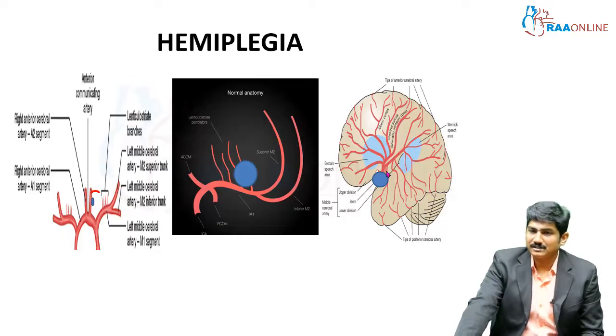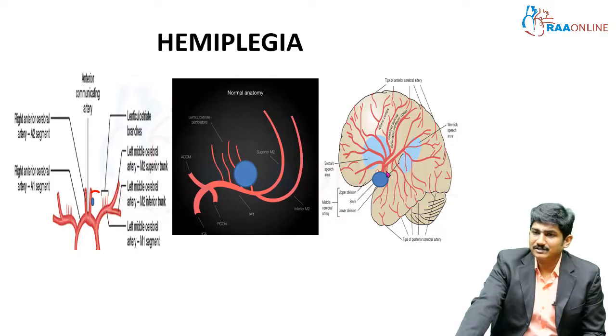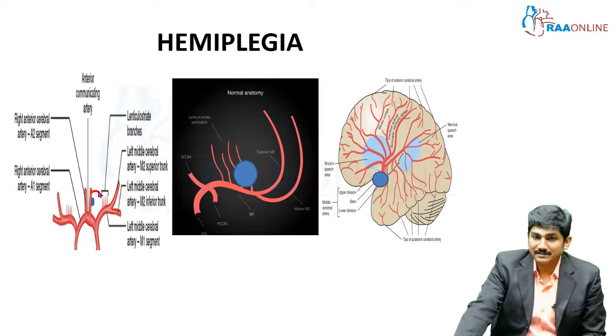So when a patient presents with hemiplegia, how do you differentiate whether it's type 1, type 2 or type 3? It's very easy. Have a look at this picture. The thrombus is at the level of proximal A2 along with the artery of Hubner, right? The artery of Hubner supplies the internal capsule that represents the face and upper limb.